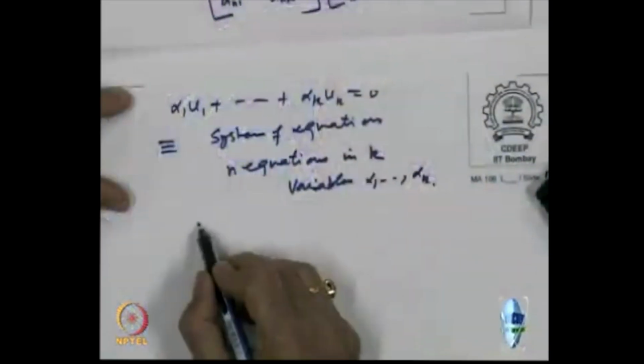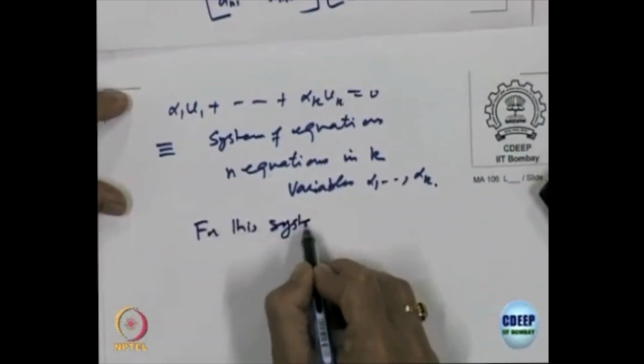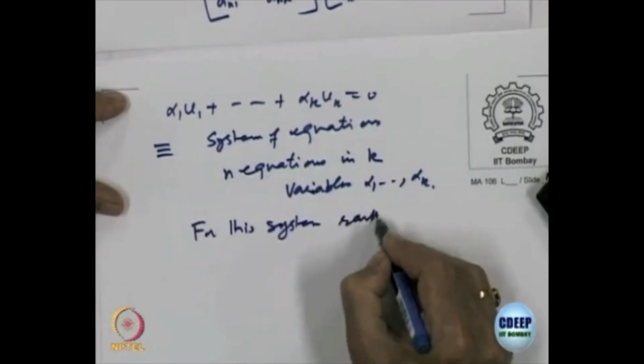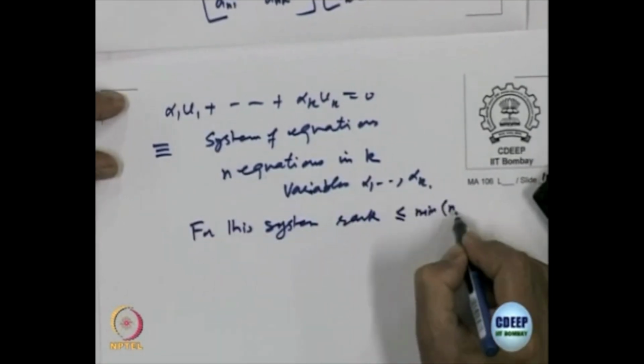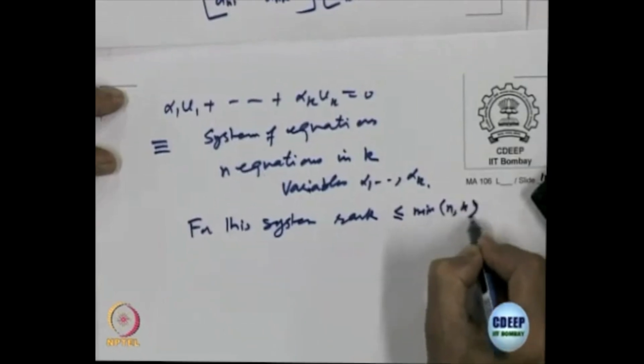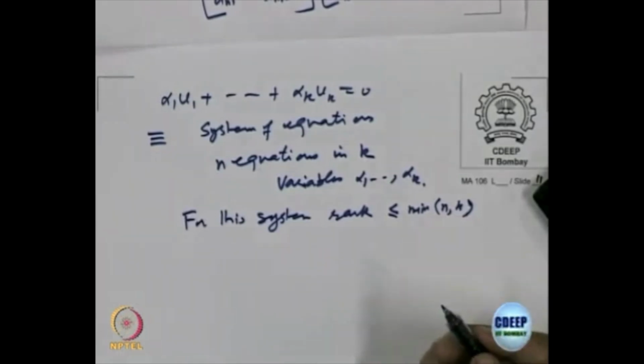When the rank is less than the number of variables, not the full rank, right. Here, what is the rank possible for this system? The rank should be at most the minimum of n and k, the minimum of the number of rows and the number of columns.